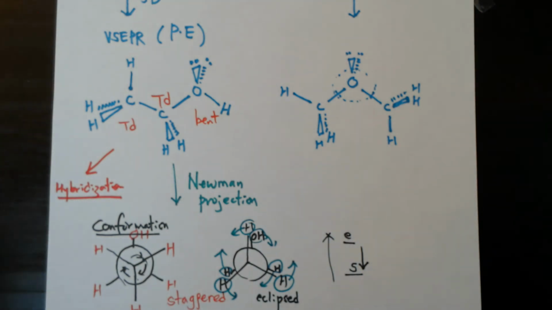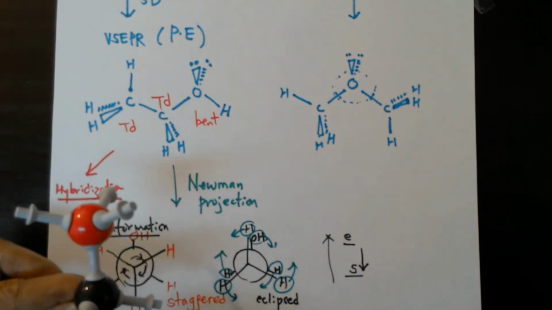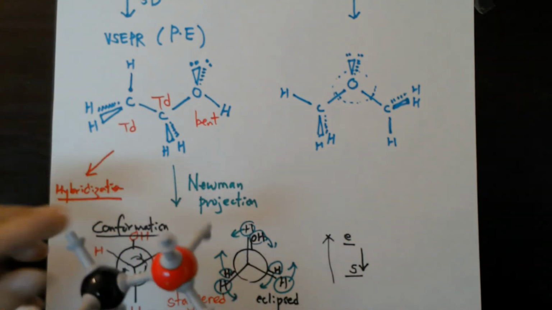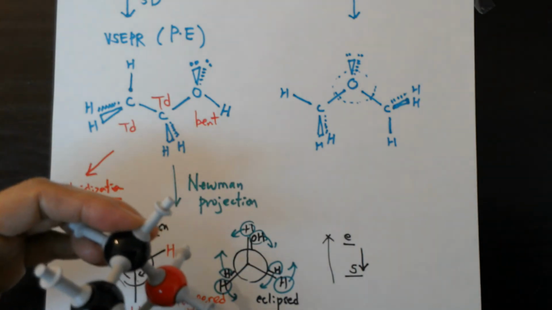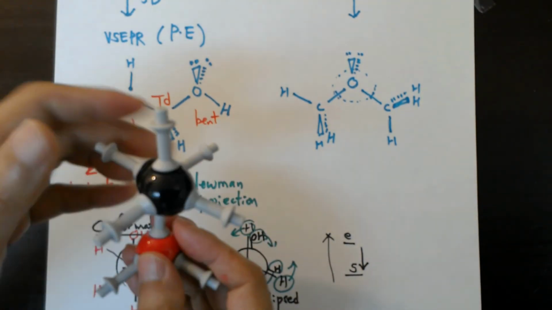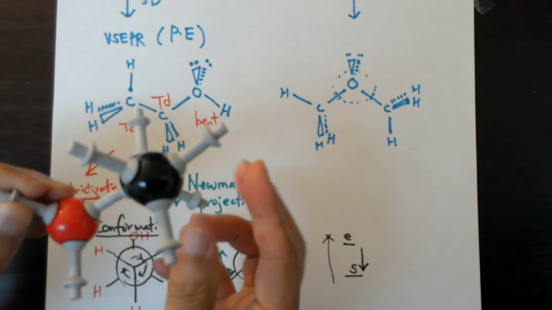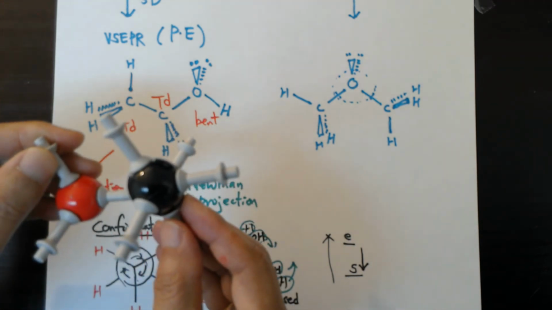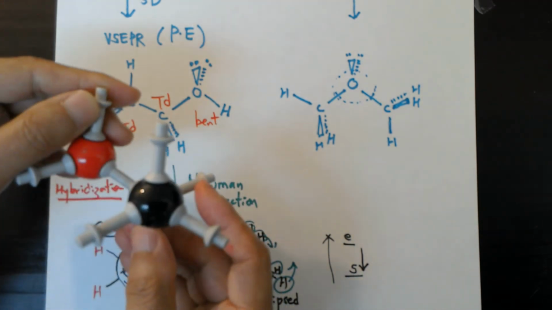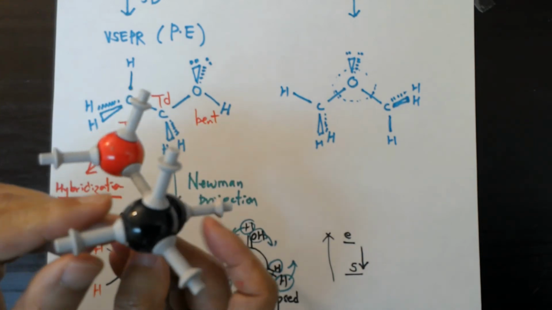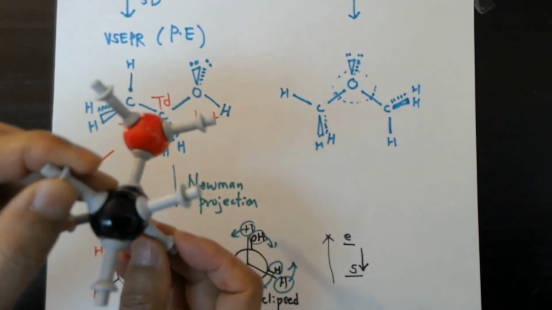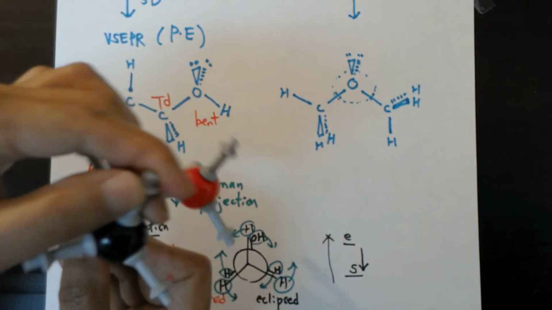I hope you can see that whether you draw this way or this way or this way, any way you draw the Newman projection, they are anyway the same compound. Okay?